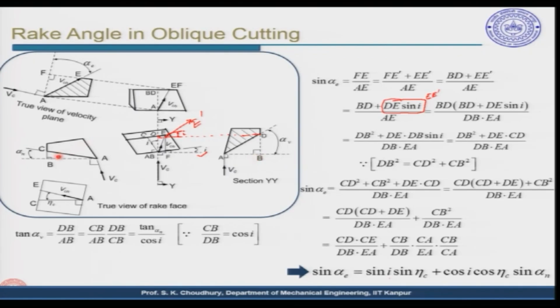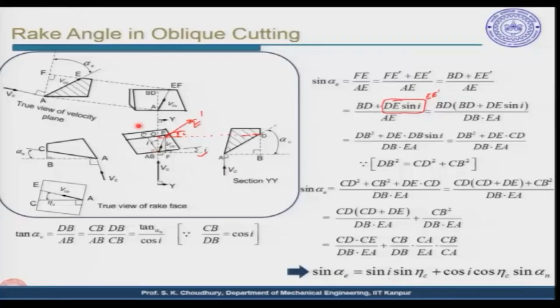Once again, this is the normal rake angle. The normal rake angle is measured in a plane normal to the cutting edge. If you take a plane which is normal to the cutting edge, let us say this plane, along this plane this will be the view, or this will be the section.